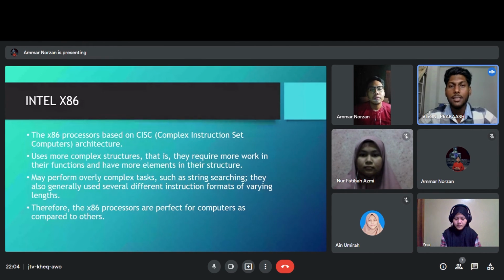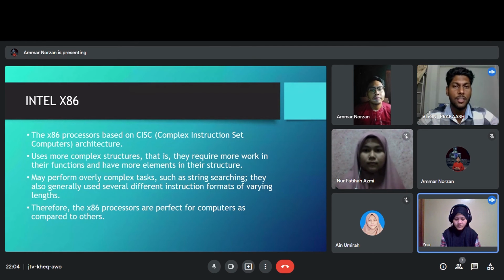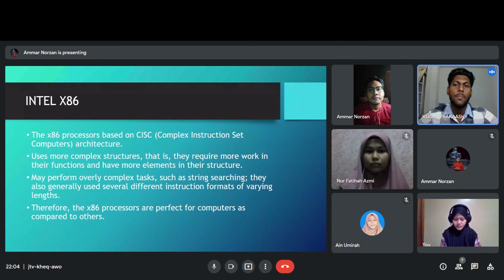In addition, that system uses more complex structures, that is, they require more work in their functions and have more elements in their structure, and a variety of instructions that may perform overly complex tasks, such as string searching. They also generally use several different instruction formats of varying length. Therefore, the X86 processors are perfect for computers as compared to other devices.